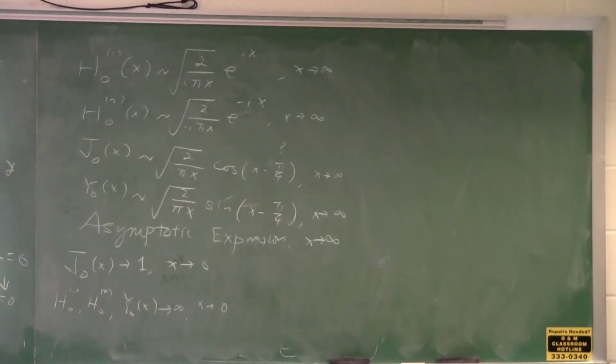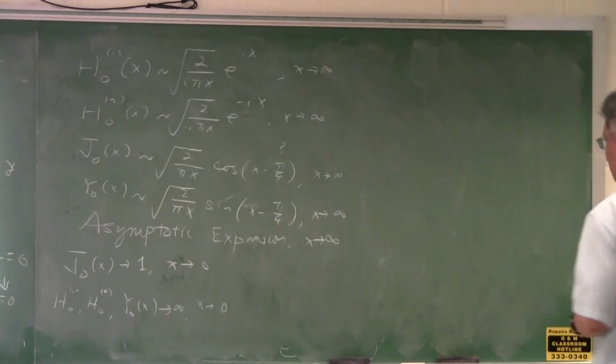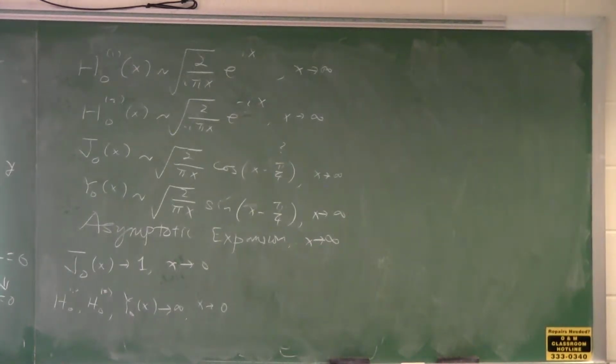So only the first one is regular. I mean, J0 is regular, all the other three are singular. But only one has a correct singularity, which is H0^(1). And then you have to go through this very complicated procedure that maybe Michael Chiao went through with you in finding the Green's function, right?